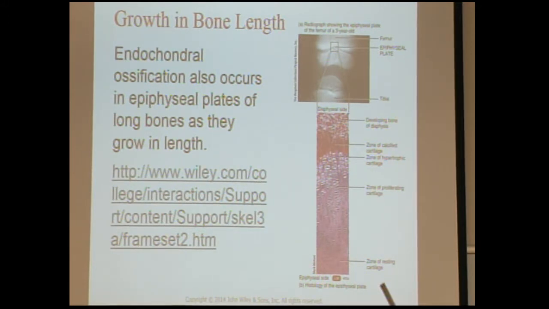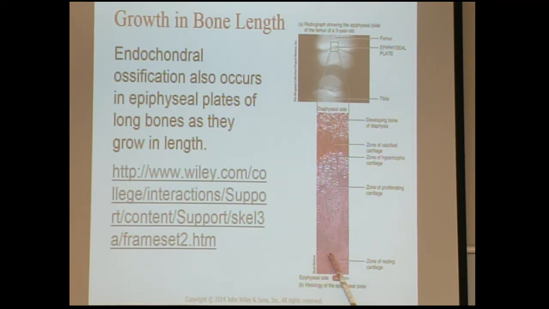If we zoomed in to the femur, there's the end of it, there's the epiphyseal plate, and there's the middle of it, the diaphysis. So it's growing right there. The way it grows is very similar to where it grew in the first place, which was you started with cartilage. You started down here.